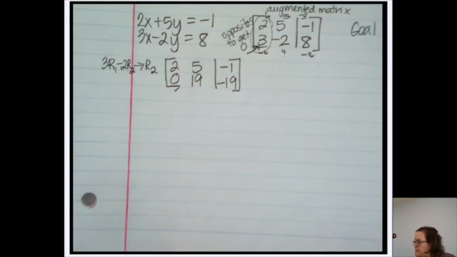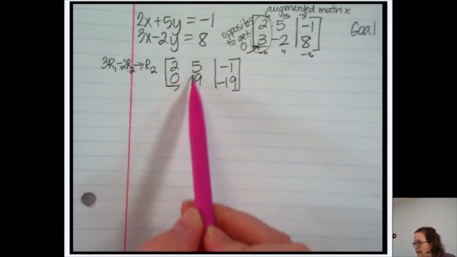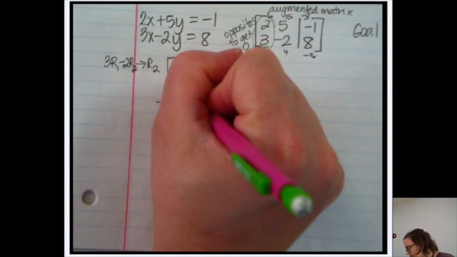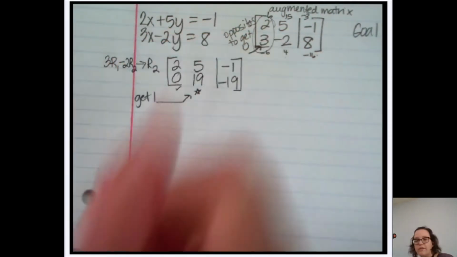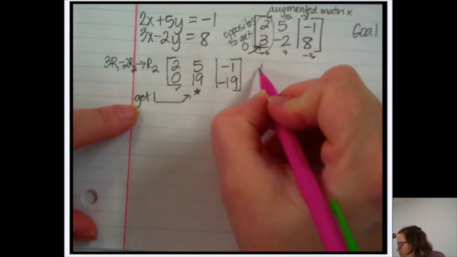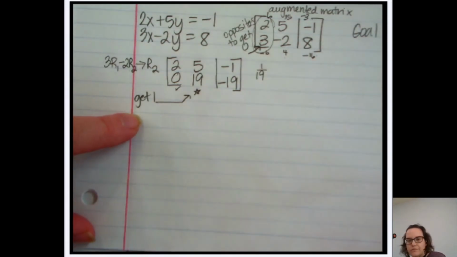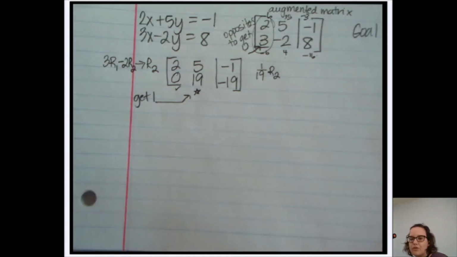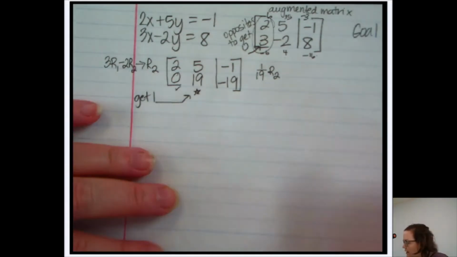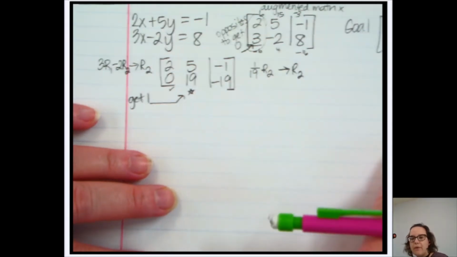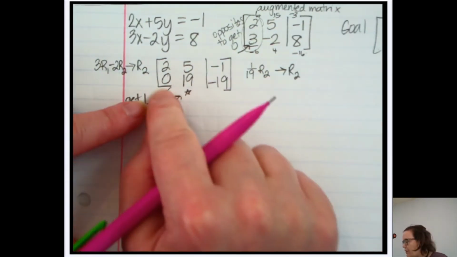Now we want to continue on this and get a 1 here. So our next step is to get 1. And how do we get 1s? We get 1s by dividing or multiplying by the reciprocal. So we're going to take 1/19 and multiply it by row 2, or we're taking row 2 and dividing it by 19, and we're replacing row 2. Now we might be worried that that messes up that 0 we already did.